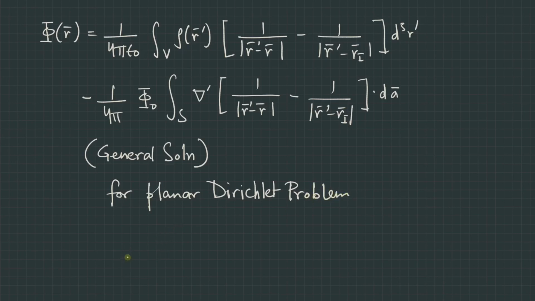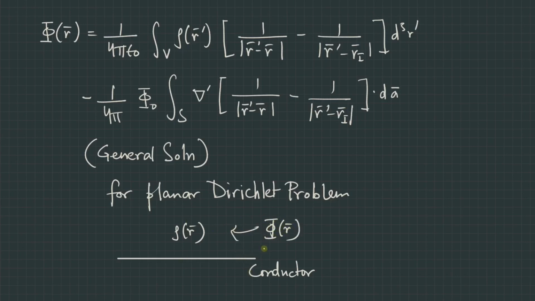where we have again some planar conductor, and we need to find the charge density on one side of the conductor is given, and we need to find the potential in this region, and we solve this by using Green's functions.